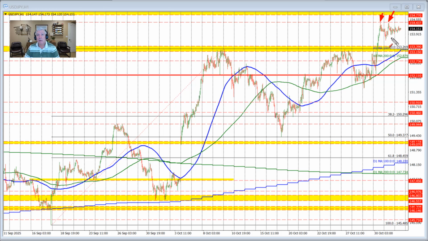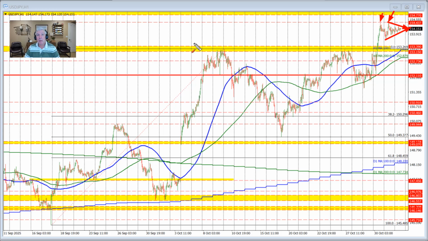And we're doing more muddling in trading here today, as you can see on this hourly chart. Not a lot of trading range here. Support buyers are higher than the previous lows here, at the same time, the highs are lower as well. So the traders are looking for some sort of a break to the upside as we try to figure out where the next momentum play is going to be.